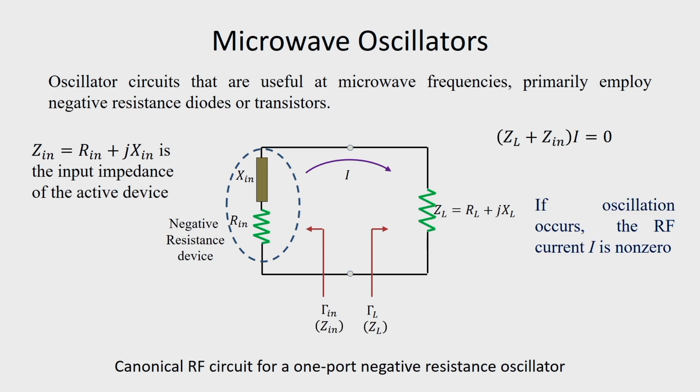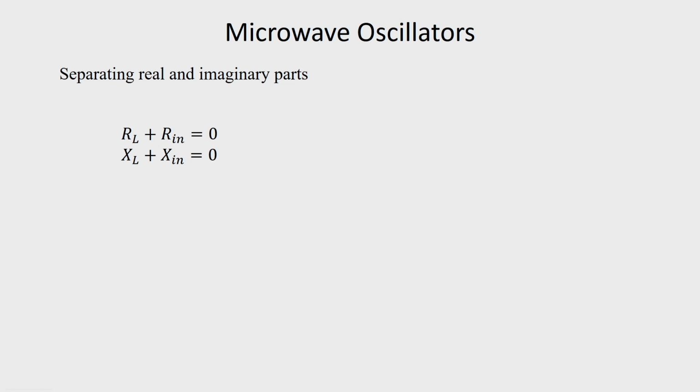So, if we have oscillation occurring in this circuit, then we will have RF current I non-zero, and therefore we have Zin plus ZL equal to 0. If we separate the real and imaginary parts, then we get RL plus Rin equal to 0 and XL plus Xin equal to 0.